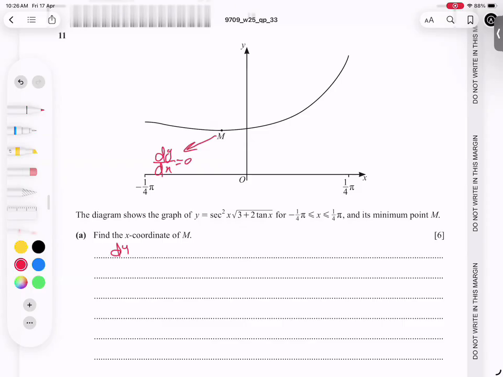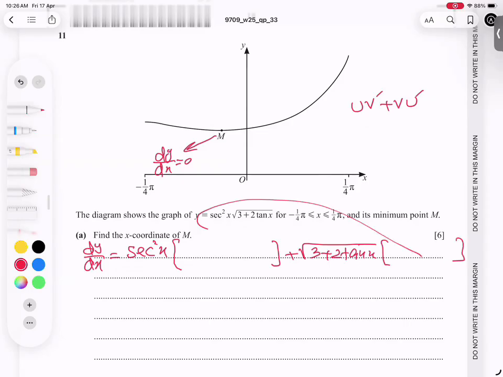So step number 1, you copy. The basic formula is what, students? You copy u, v dash, v copy u dash. So I'm copying secant square, and then the differentiation of this, which I'm going to write now. Then reverse: 3 plus 2 tan x as it is, into the differentiation of secant squared.